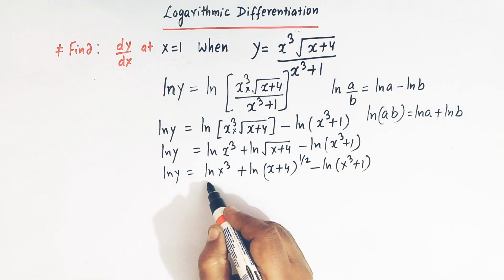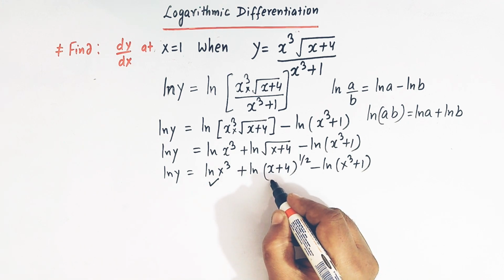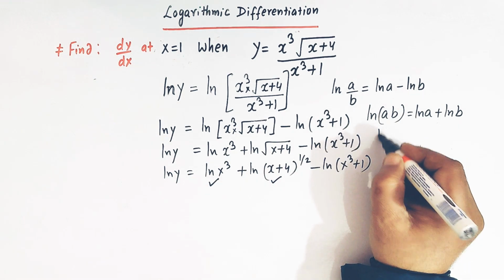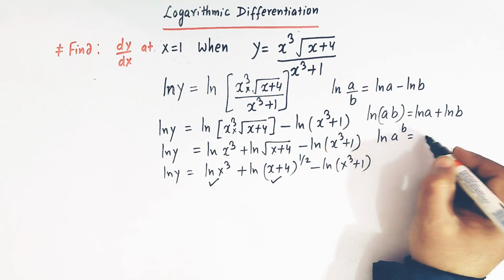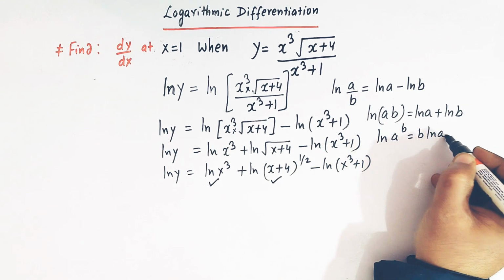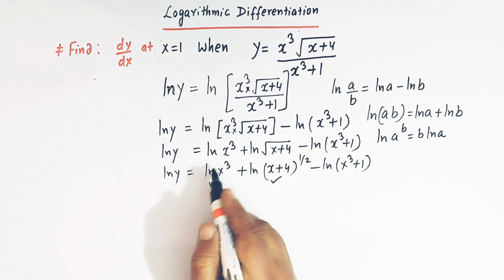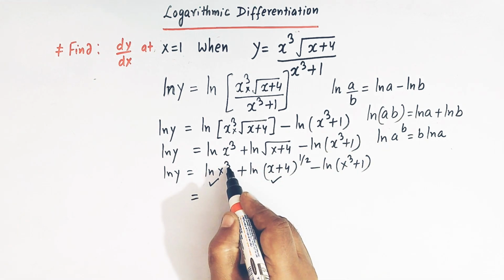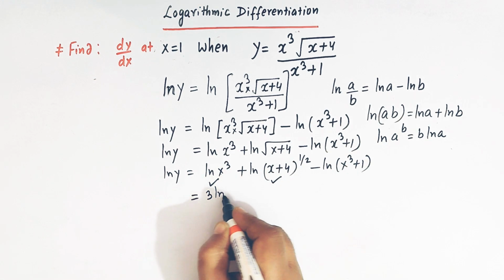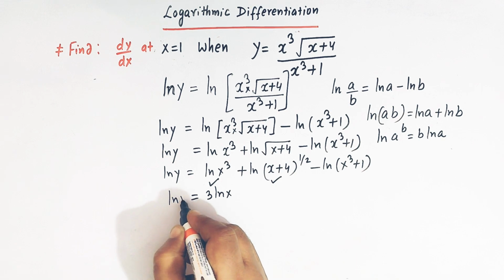So let us make use of another important property of log, that is the power rule, log of a raised to b is given by b times log of a. So in the first term, a is x and b is 3. So we have 3 times log of x, right?